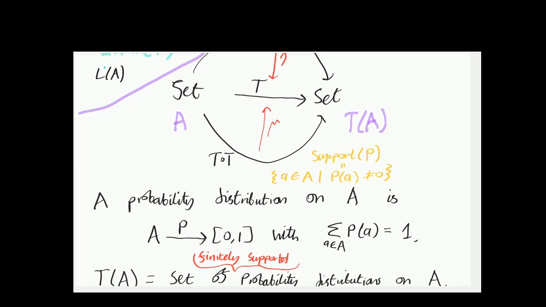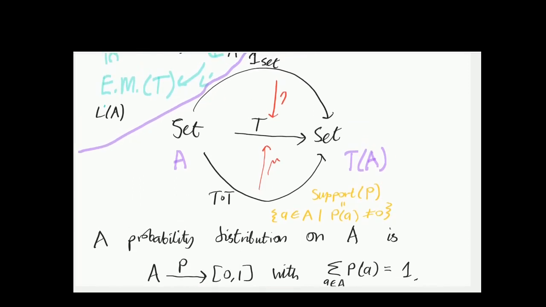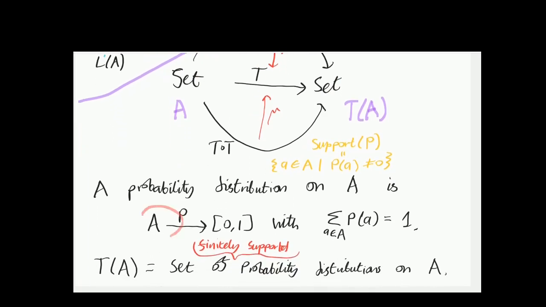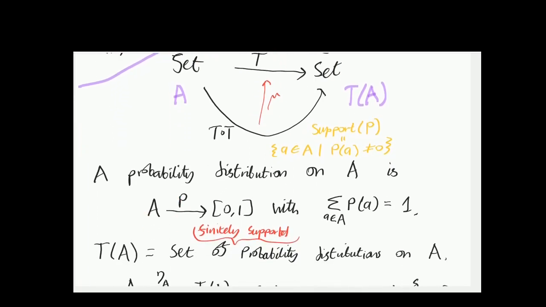And so what we're going to do now is make this functor T, and the way it works is that it sends a set A to the set of finitely supported probability distributions on A. A finitely supported probability distribution is just a probability distribution, as in a normalized map from A to the unit interval, which has finite support.